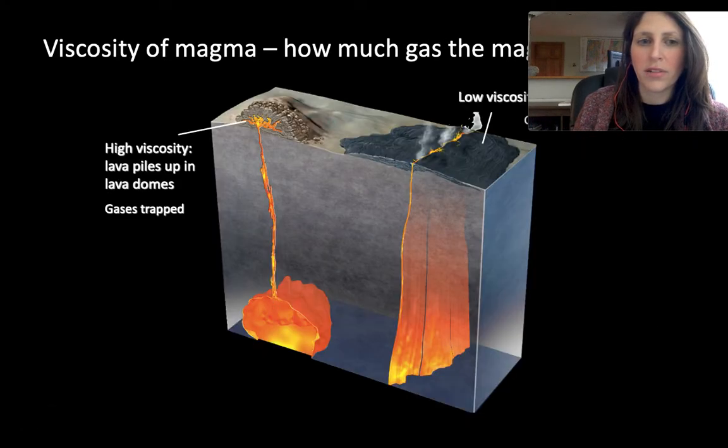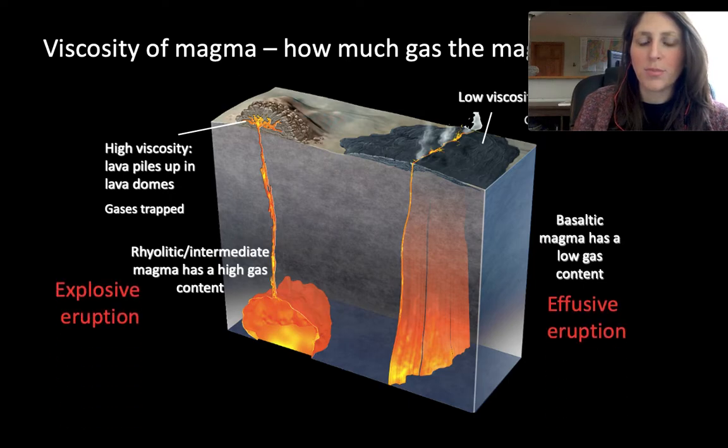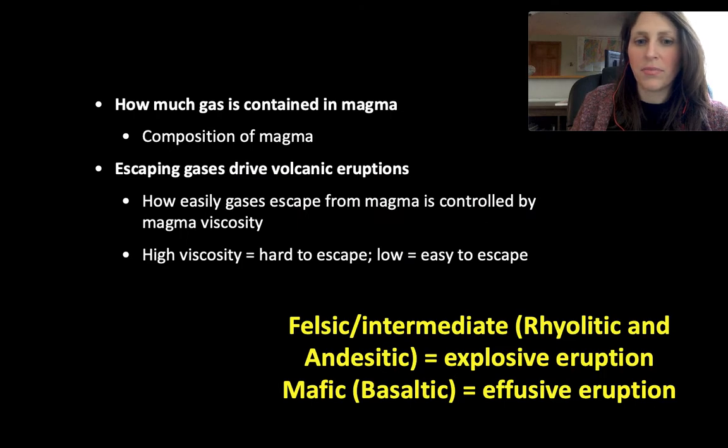So this is another diagram just showing that. Explosive versus effusive. You have explosive in our felsic or intermediate magma and lava, and then you have effusive in our basaltic. So it all goes back to the gas content and the viscosity.